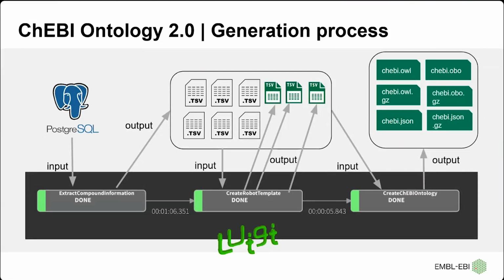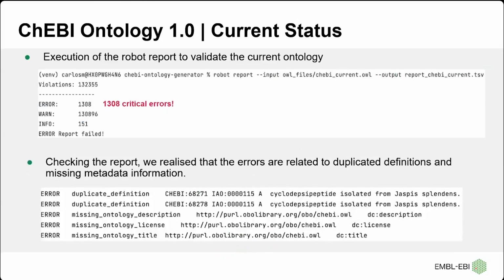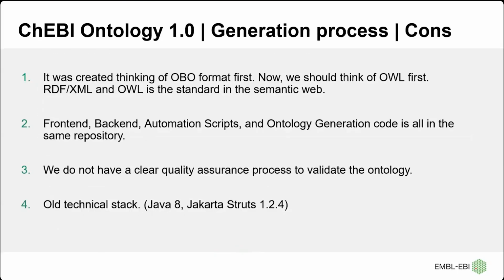That is basically, as I mentioned, that we have all these submodules together. Also, we don't have a clear quality assurance process to validate the ontology. So our idea is that in this new ontology generation process, we need to implement in some way this validation process in the ontology itself.